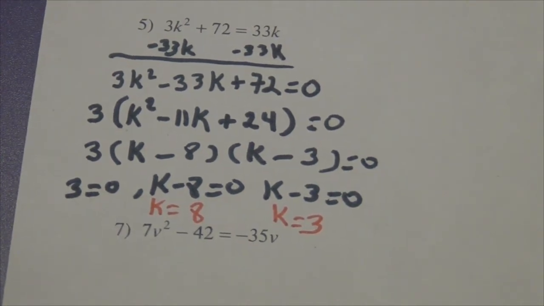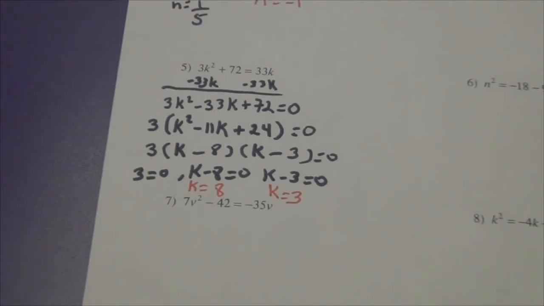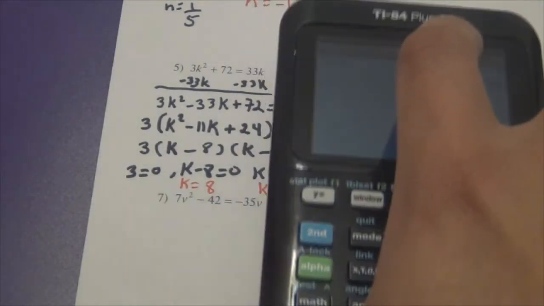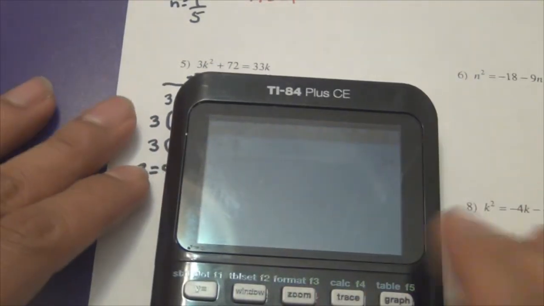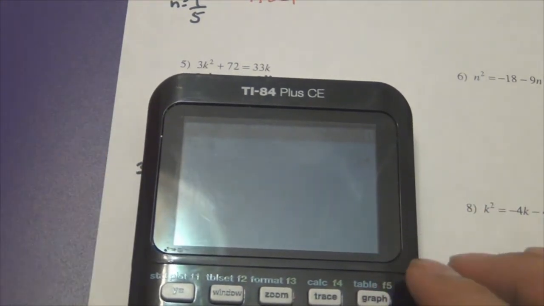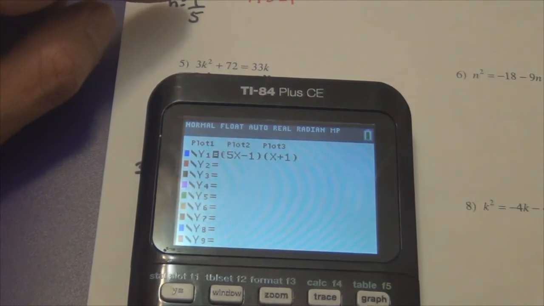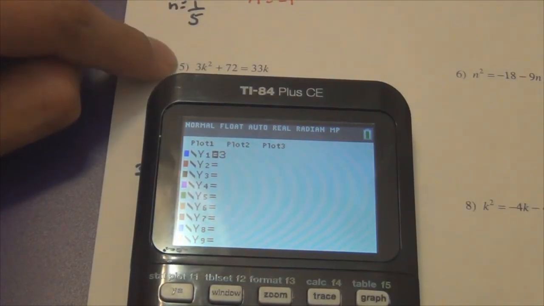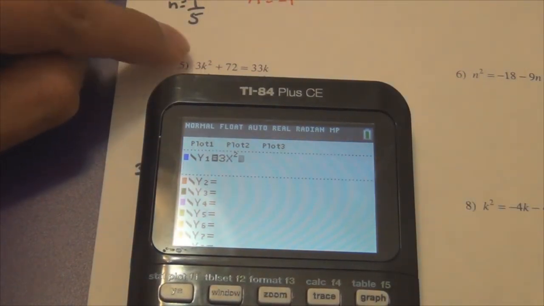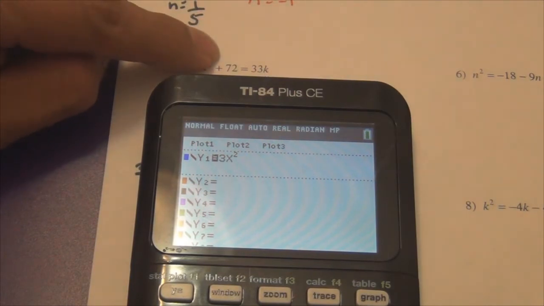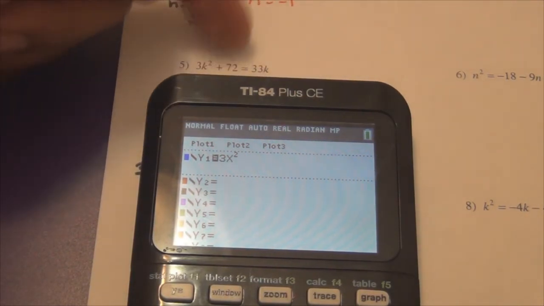Now these are nice numbers. So I'm going to use the calculator for this one. Take the calculator, look, 8 and 3, right? Those are the solutions. So I'm going to graph the equation that was given to me. So y equals 3x squared, because the calculator doesn't understand k. Remember, it has to be solved for 0.